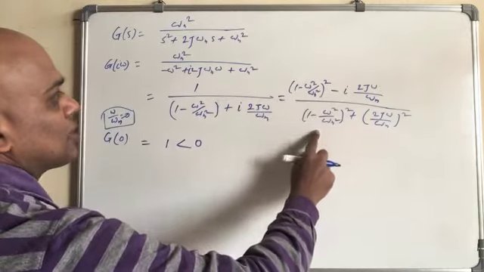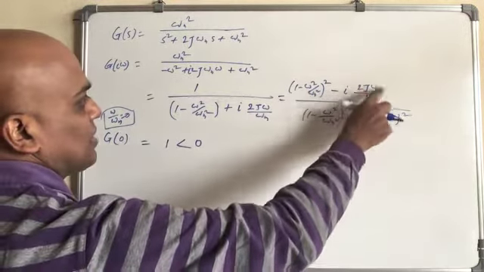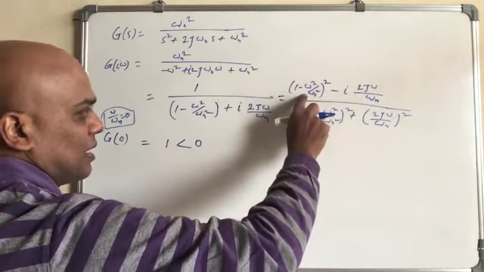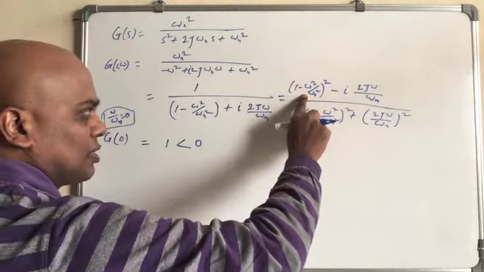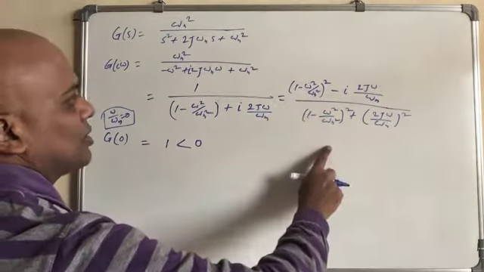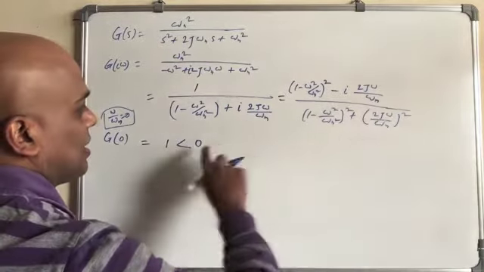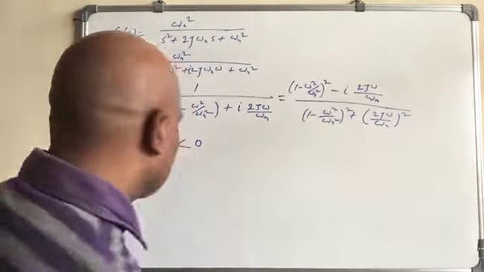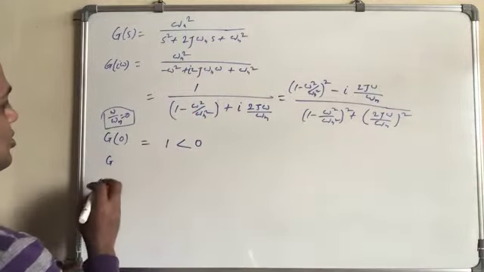If we put omega equal to 0, this term becomes 0, this term becomes equal to 1. So we get 0 over 1, and hence you have 0 angle like here.